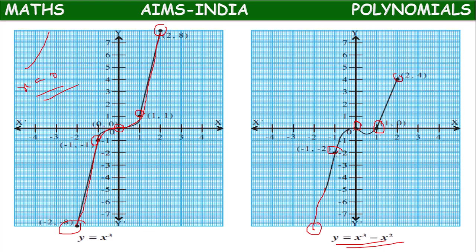Minus 2 comma minus 12 will be somewhere downside, since the y value is 12 in magnitude. So this graph is touching the x-axis at 2 points. One is 0, another one is x equal to 1. We are getting only 1 zero in the first case, and we are getting 2 zeros in this case.